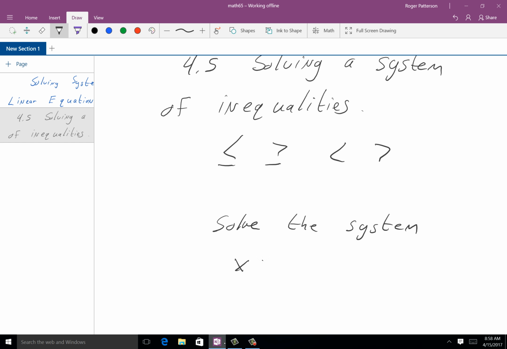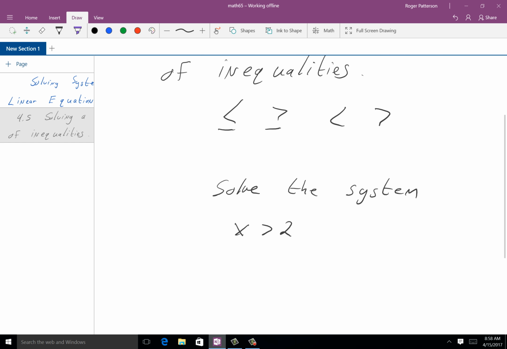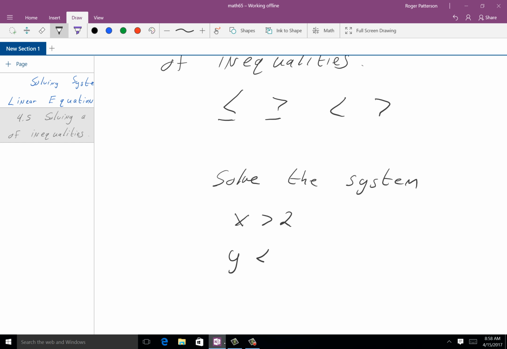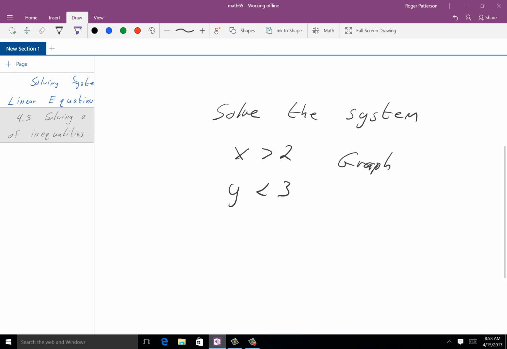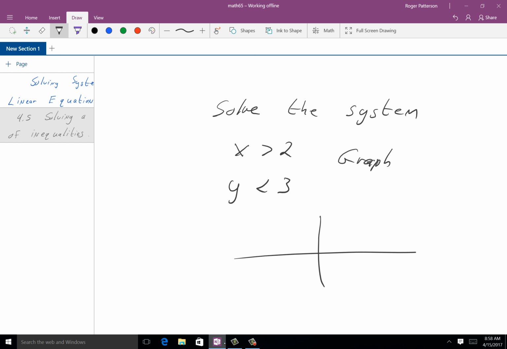So if we have x is greater than 2 and y is less than 3, the only way to solve these is to graph them. So we would set up a little graph here.